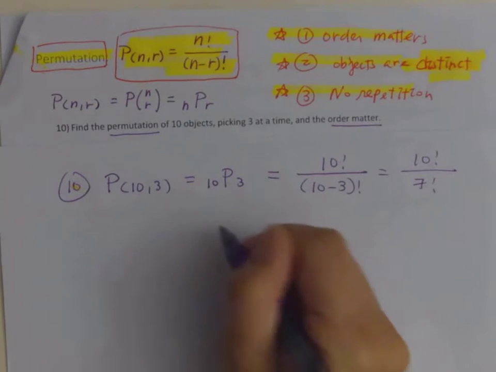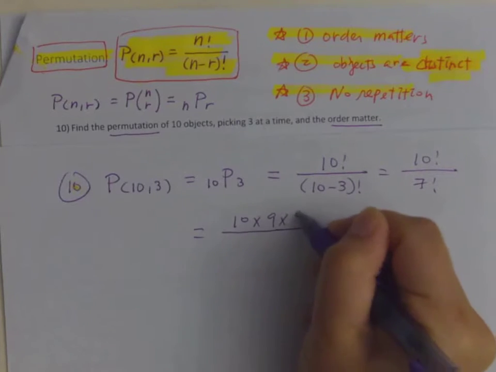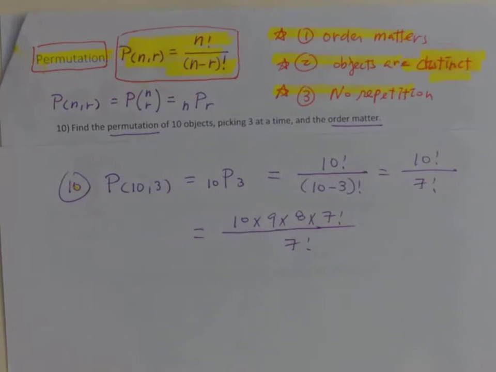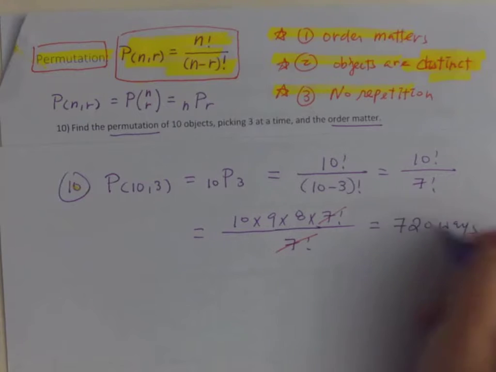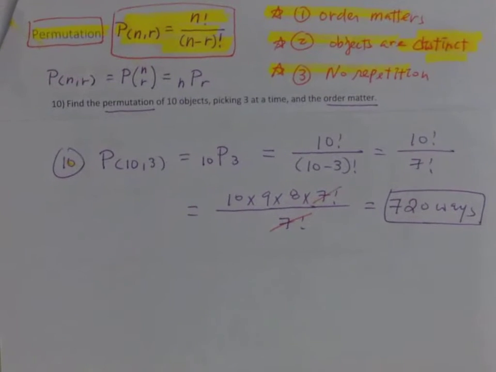Earlier we did that. It's not that bad. It's 10, 9, 8, and we can stop at 7 factorial, and then we deal with that 7 factorial at the bottom. So it's just 10 times 9 times 8. Together, use your calculator, that is 720 ways. We actually did this earlier with no repeating.